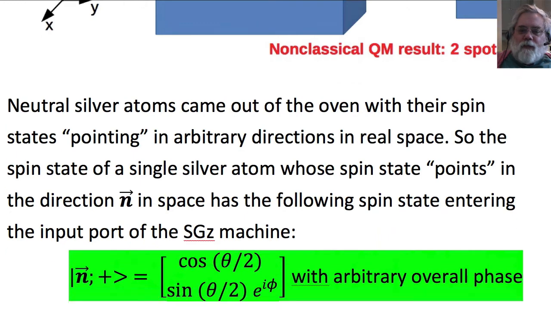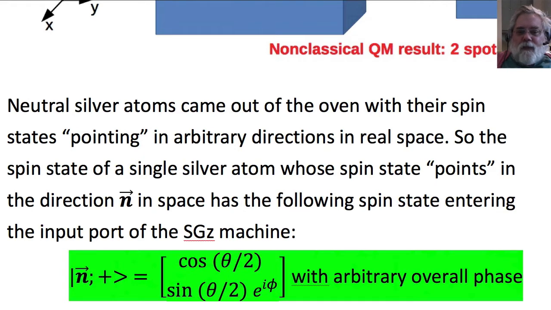Neutral silver atoms came out of the oven with their spin states pointing in arbitrary directions in real space. Now, there's a problem with saying pointing. I will cover it later in this lecture, but there's not really a better wording for it. So I'm going to leave pointing in quotes, and we'll talk about that at the end of this lecture.